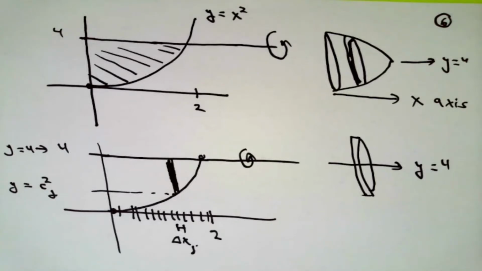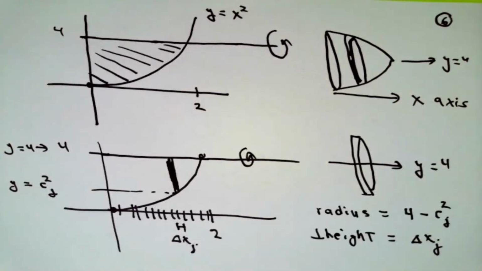I'm going to use the y-axis like a ruler. What is the vertical distance from 4 to cj squared? In the current situation, 4 is the bigger of the two numbers. The distance from the axis of rotation to the end of the strip is the radius.